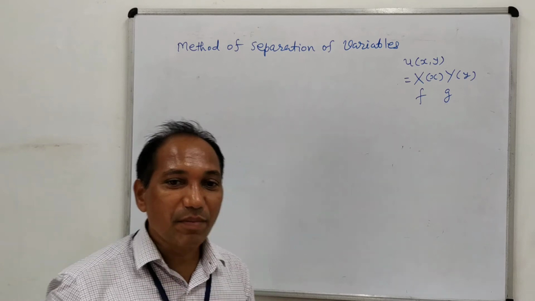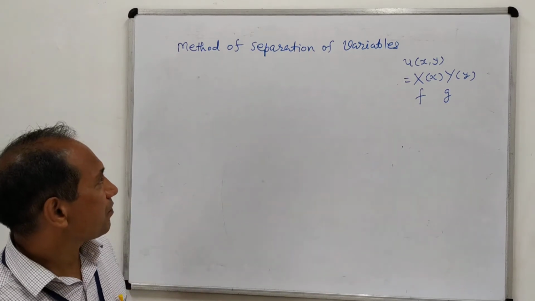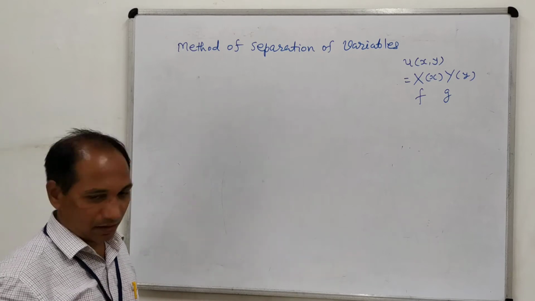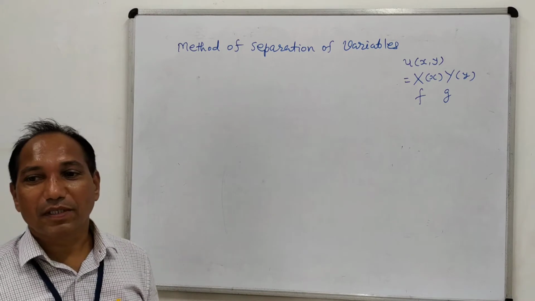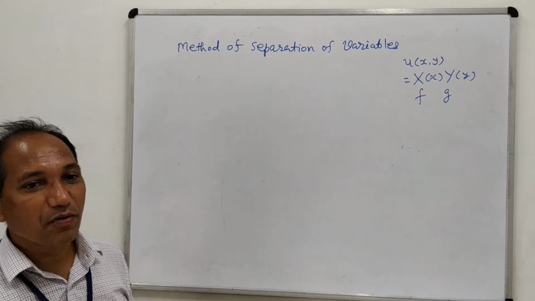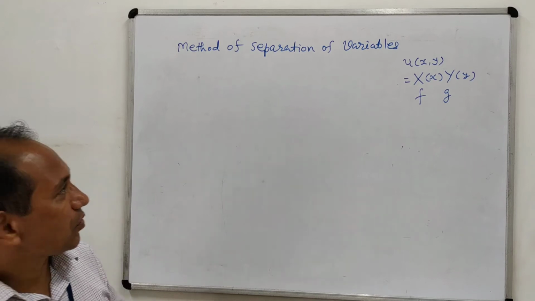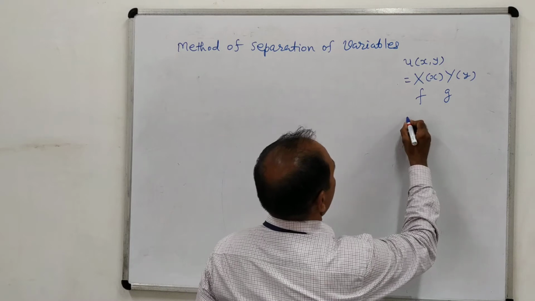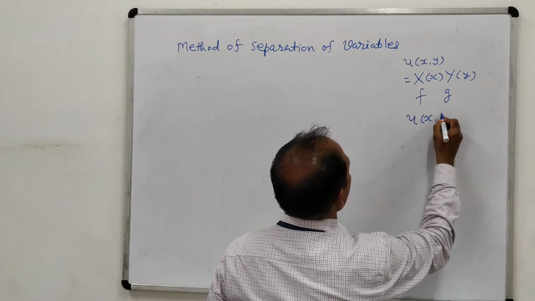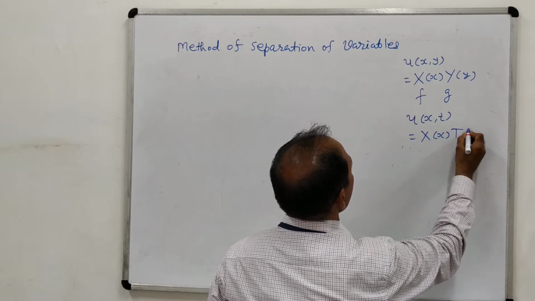So identification of the variables becomes very simple and easy for us. We will have the differential equation containing the derivatives of u with respect to x and y, and we want to find its solution in terms of u(x,y). Sometimes instead of u(x,y), it may be a function of u(x,t) also. In this case we need to consider capital X(x) into capital T(t).